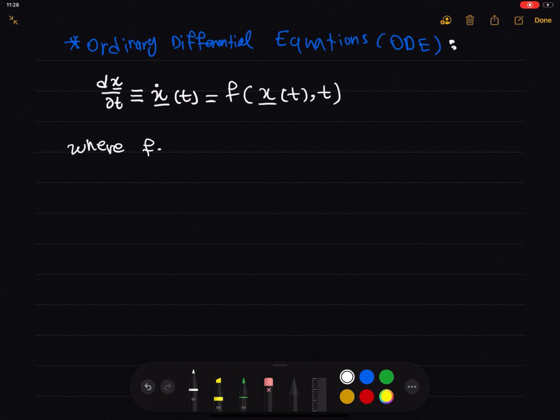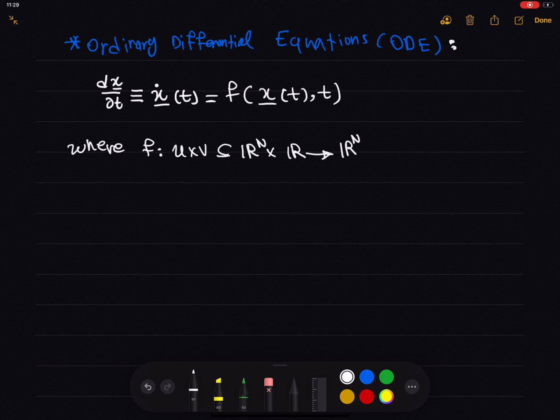f is from U times V, which is a subset of R^n times R. So this is what it gets as the input, and the output of the function is a vector in nth dimension, okay?